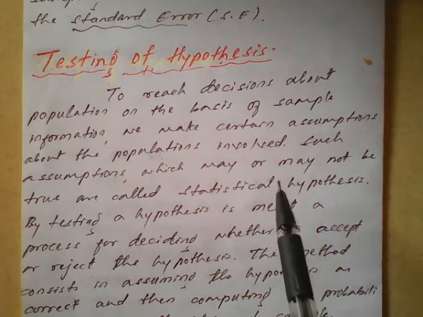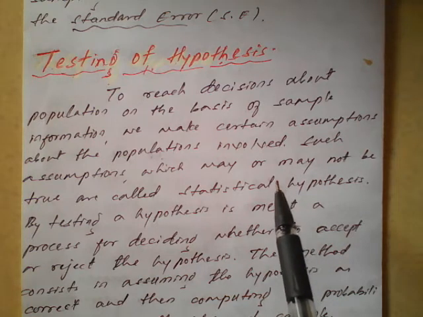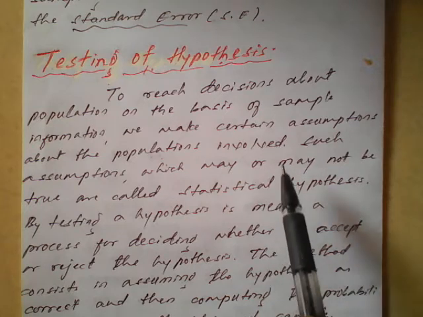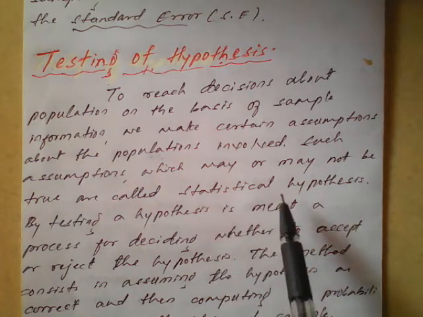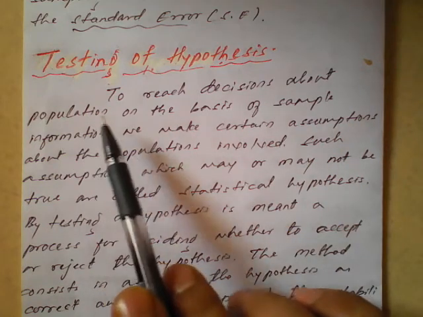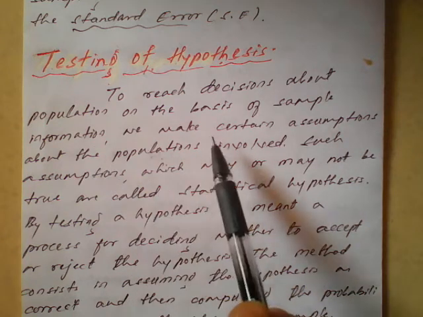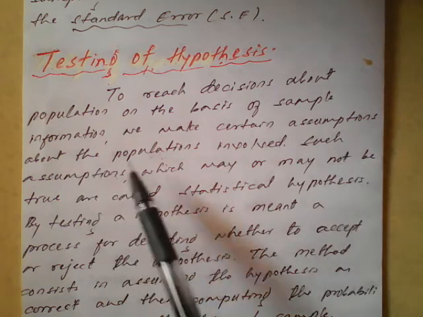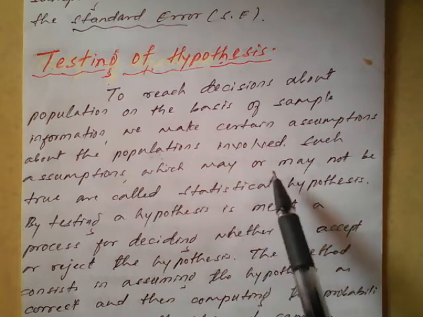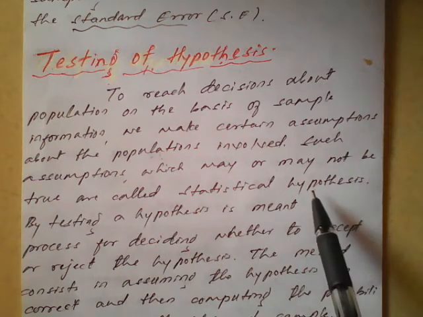That assumption may be true, may be false, but we are assuming something. Such assumptions are considered a hypothesis, or we can call it a statistical hypothesis. So to reach decisions about a population on the basis of sample information, we make certain assumptions about the populations involved. Such assumptions, which may or may not be true, are called statistical hypothesis.